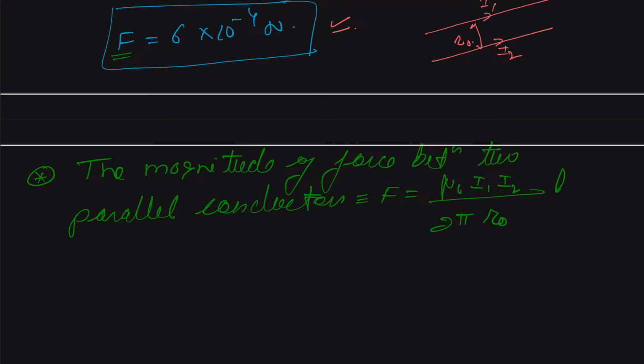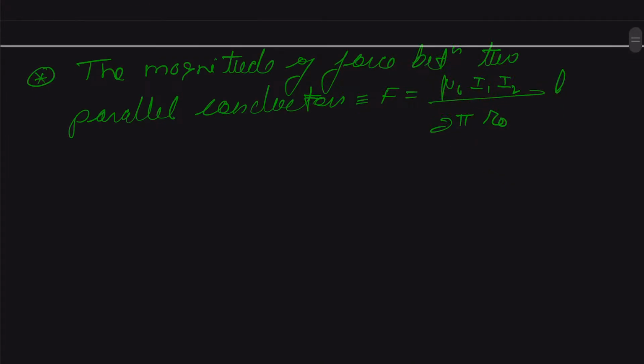And in our case, in the given question, we are given that I1 is equal to I2, suppose that is equal to I, whose value we are going to find out. Therefore, we can write that F, and R naught in this case is given as R, whose value is known to us. We can substitute that later on. This is 0.005 meters.